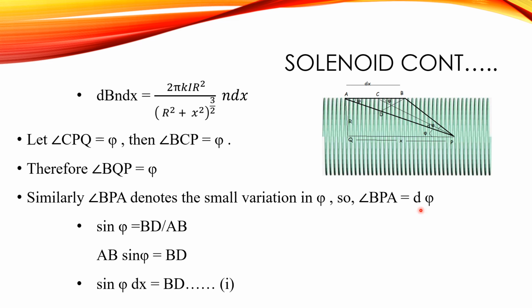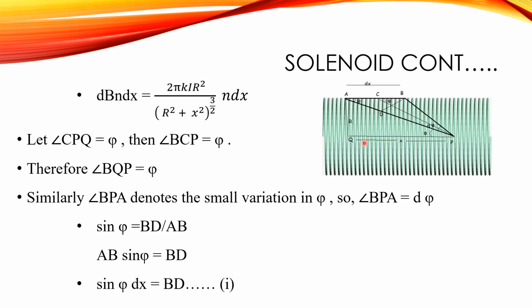It is a little bit smaller than phi, that's why we have taken this as d phi. Then we have drawn a perpendicular from B to AP, and this point is denoted by D.